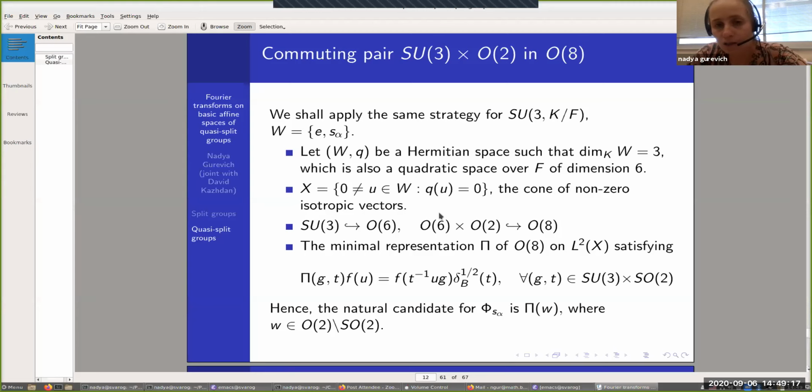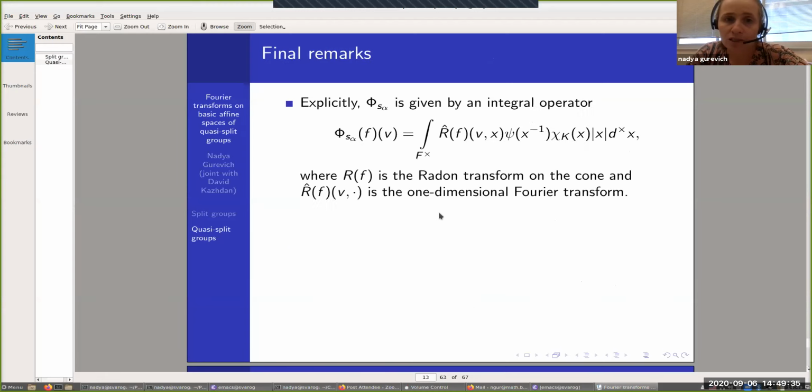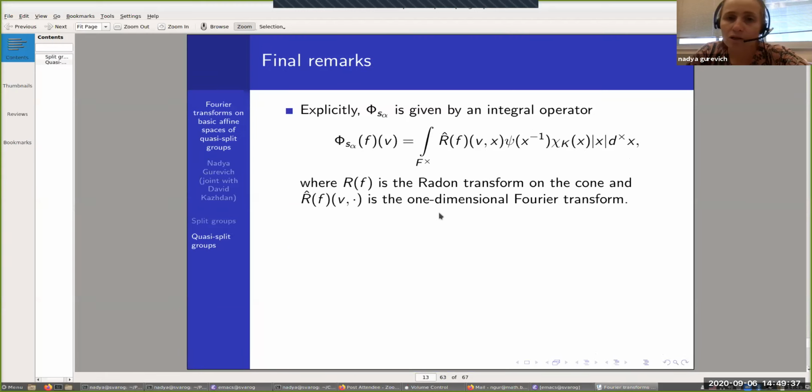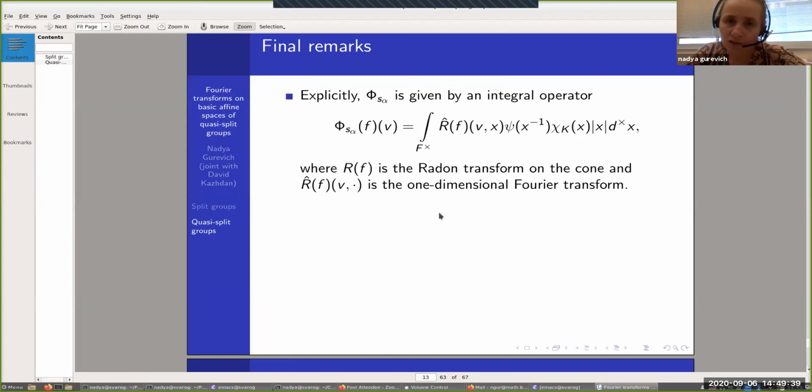So I just explained here how, using this point of view, we can guess the candidate for the operators S alpha. Now let me say some final remarks. First of all, to guess is very fine, but then we have to compute it explicitly.